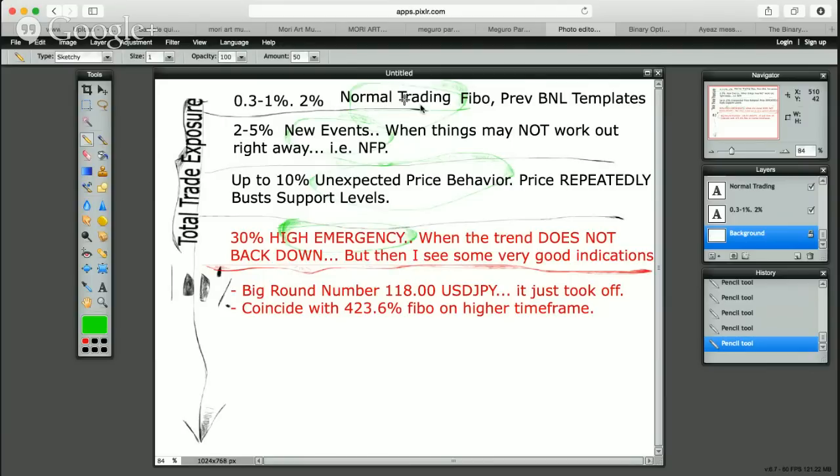This is just on normal trading, using Fibonacci and our various Binary Lab methods during ordinary times, assuming there are no news events, no catastrophes, no assassinations or announcements or conferences going on. So just normal trading, when the news is pretty light, doing things on a very technical basis. So 0.3% to 1% per trade, the maximum 2% at once.